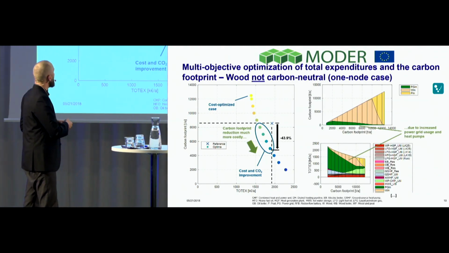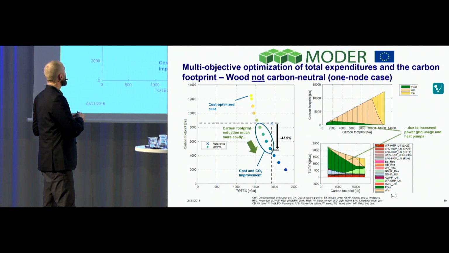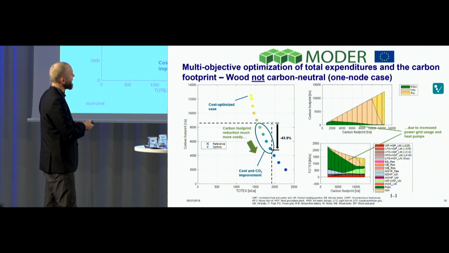What happens here is that this is our cost optimized solution, but it has a high carbon footprint. And this is our reference case. And once we start to change peat to the wood here, this moves in this direction, and at the same time you read this going that way.